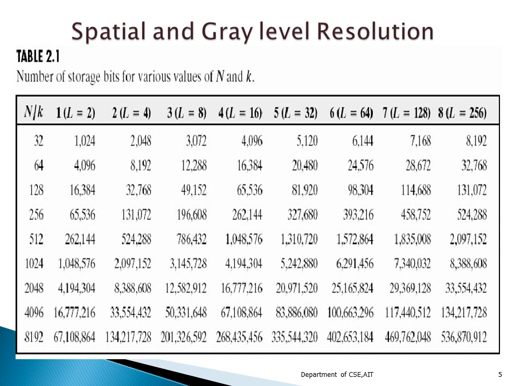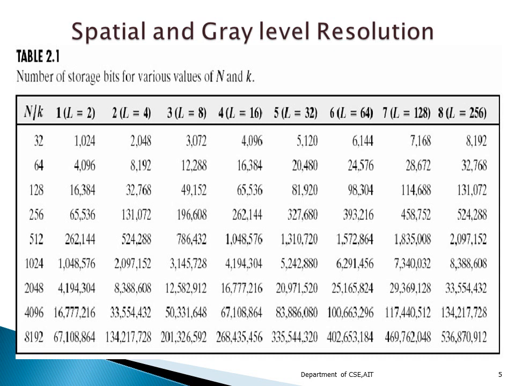So you can see that as the level goes on increasing, of course the number of storage bits required for storing information will also increase. The capital N we have is nothing but the image row size and the column size. If the image row size and the column size become greater and greater, the number of bits required will also be greater.